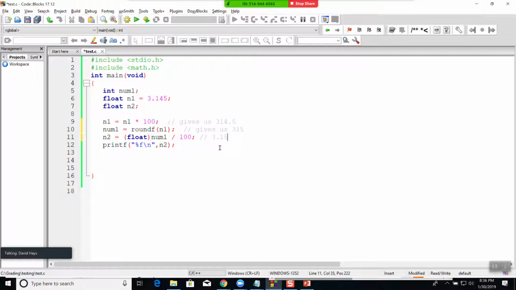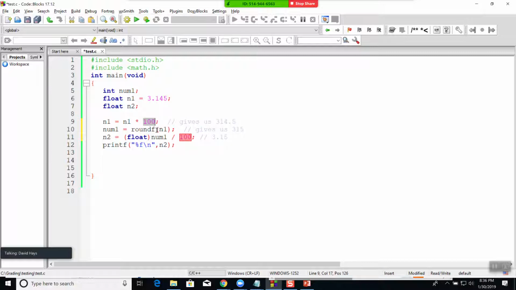Most programming languages have some kind of rounding function, so you don't have to worry about that. But if they don't, that's how you can write your own. And it works just fine. I don't think there's any situation I could think of where it doesn't work.